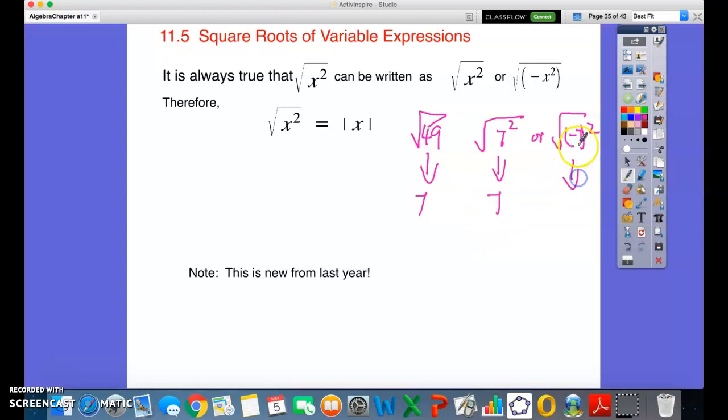If it's a negative value, and the square root of x squared is just x, we are pulling down a negative 7, and that's not what we want. We want the positive one. So we have to put the absolute value symbol so that whatever we bring out will be a positive number. So the square root of x squared equals the absolute value of x.